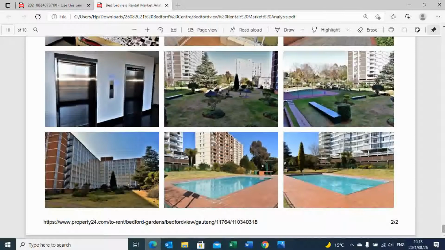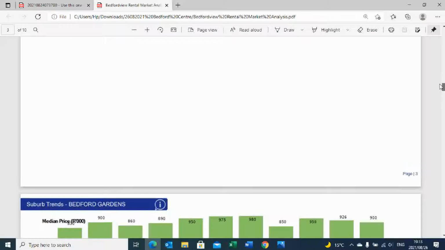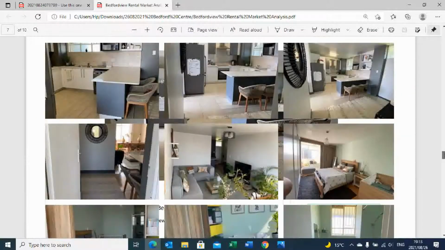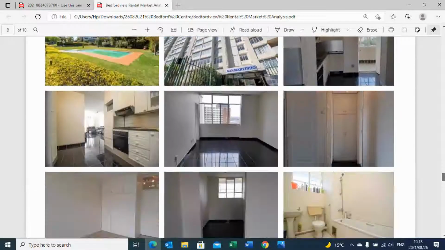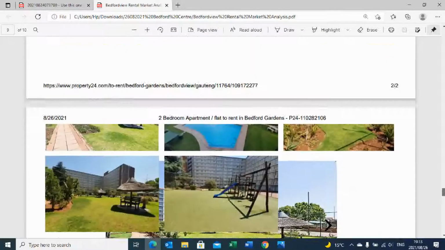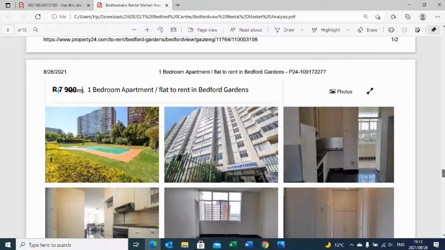Okay, why 6,008? 6,008 would be because you are comparing that with this property. And 7,005 because you want to be cheaper than this property. You want that sweet spot.